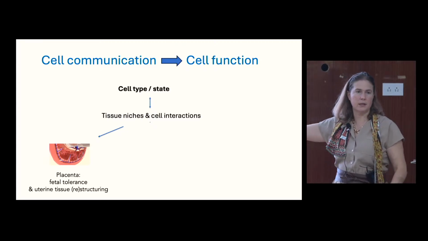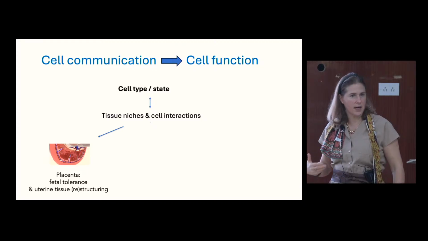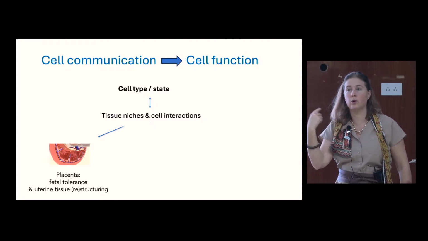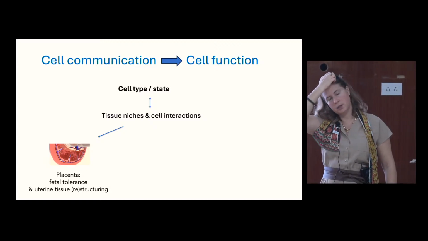And yet, in this very special organ, which is crucial to pregnancy success and actually every single one of our lives, because it, of course, provides oxygen and nutrients to the embryo, the immune system is active in terms of protecting the barrier, the maternal-fetal barrier.